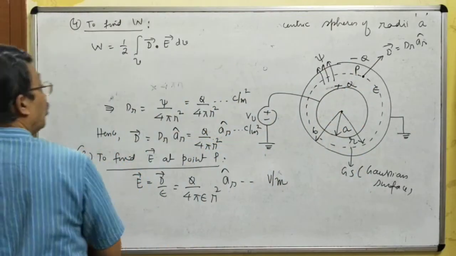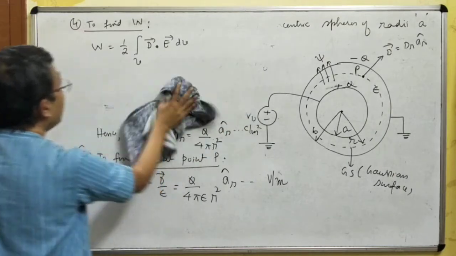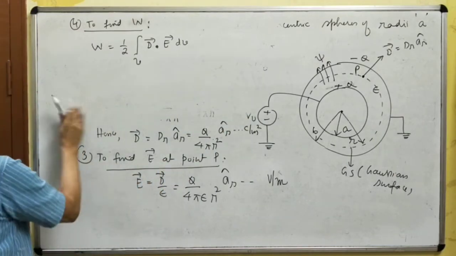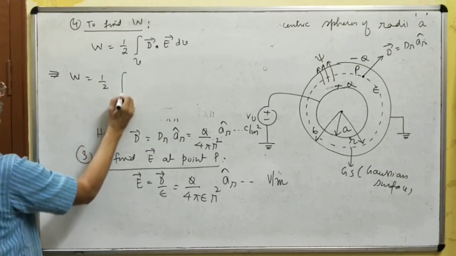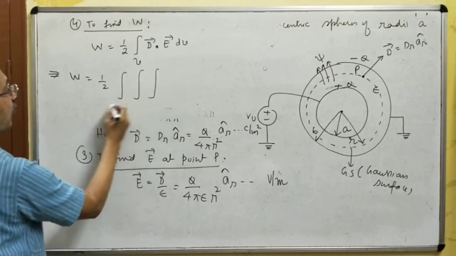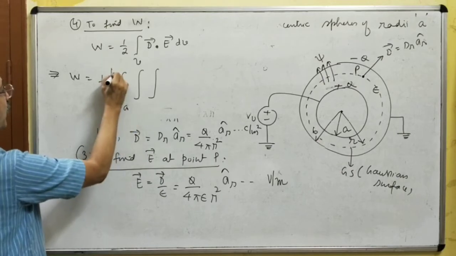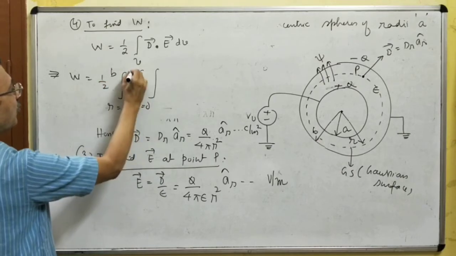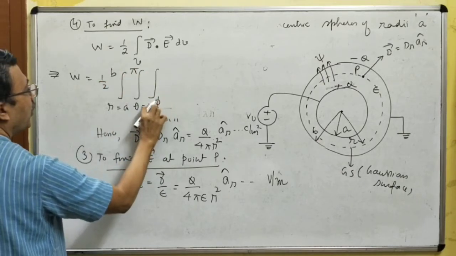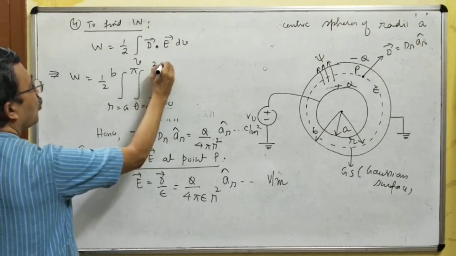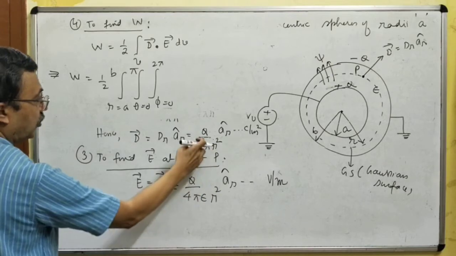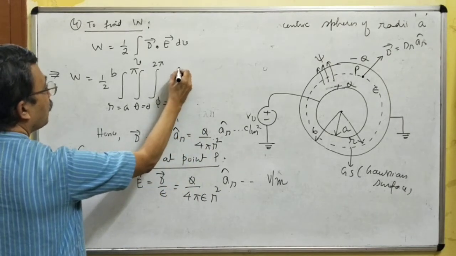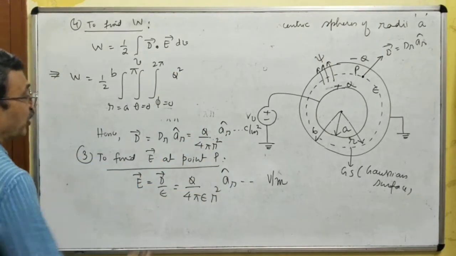So what is this volume integral? Volume integral is a triple integral. So this becomes W is equal to half into r varying from a to b, theta varies from 0 to pi, phi varies from 0 to 2 pi. Vector D dot vector E, take dot product of these two. Q into Q is Q square. a_r cap dot a_r cap is 1.